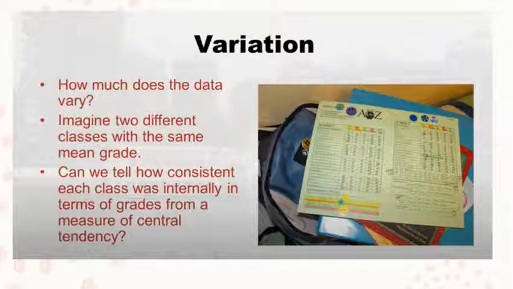What if I have two different statistics classes and I gave the same quiz to each one, and the quizzes are worth 60 points? What if the mean for the quiz scores in both classes were 30?